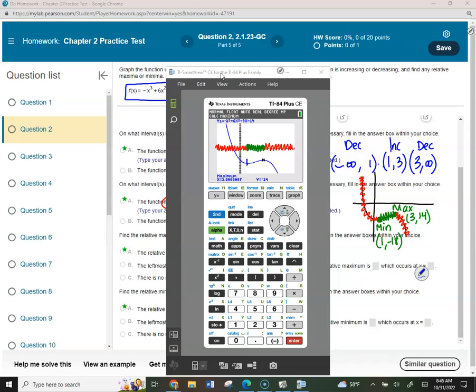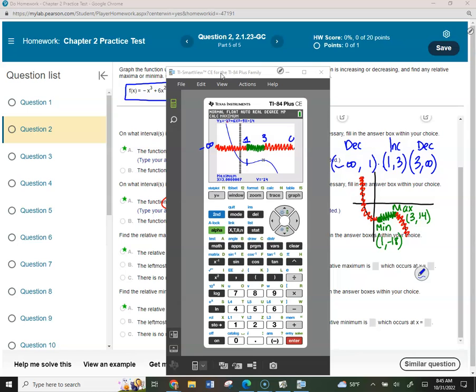So I'm getting my numbers from this x value. This x value is the number 1. This x value is the number 3. And that's it. Those are the only numbers I need. The decreasing is coming from negative infinity, and it stops decreasing right here.